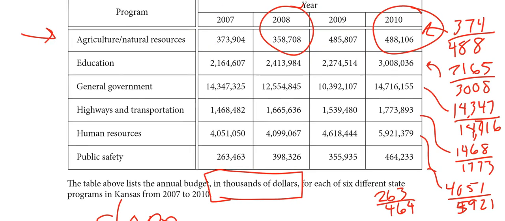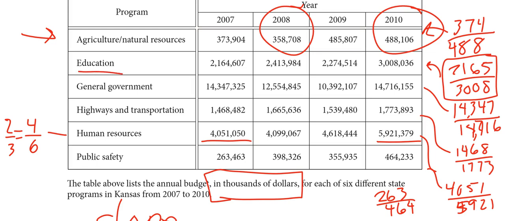Okay, which ones do we want? Human resources? So that's like 4 to 6, isn't it? So we need something that's close to 2/3. Boy, that looks an awful lot like 2/3, doesn't it? Is it education?